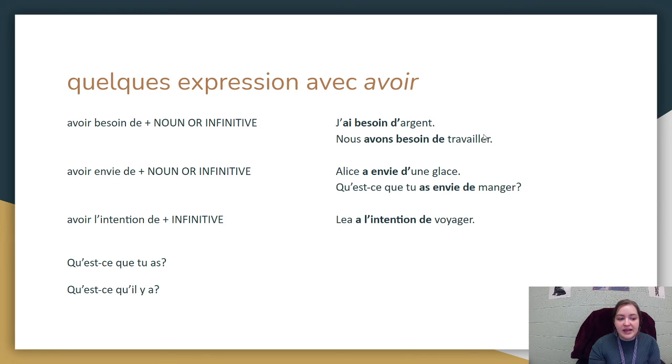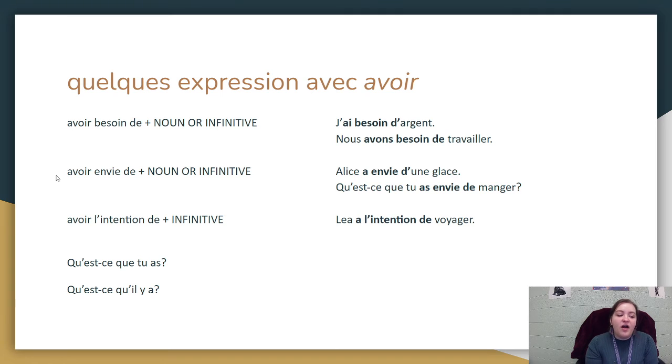And this one is avoir besoin de plus an infinitive, travailler. So remember, in a sentence that ends like this with an infinitive, this is to work, right? So we need to work. And then just like we've been doing, avoir is conjugated. Don't ever forget to do that.